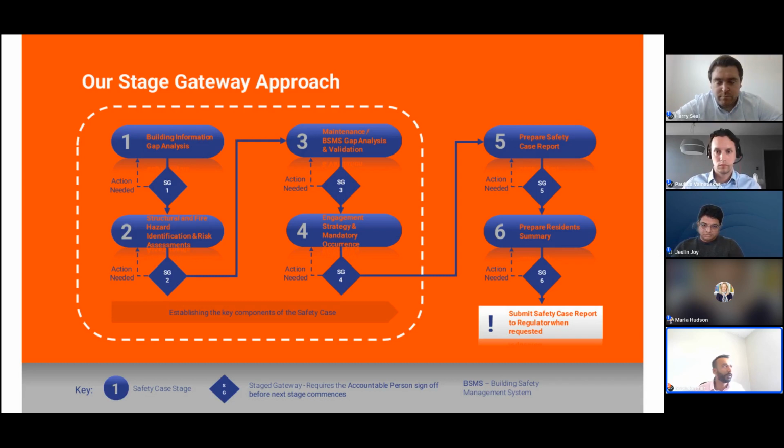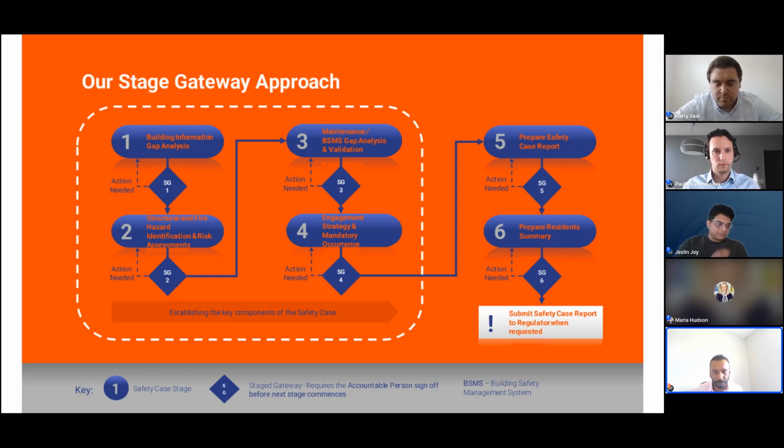So once we're able to perform this, we move on to stage 4, which is all about collecting all this information to build out a resident engagement strategy and a mandatory occurrence strategy. So these 4 stages are complex and involved, but these elements 1 to 4 actually represent the essential evidence and information you need for the safety case.